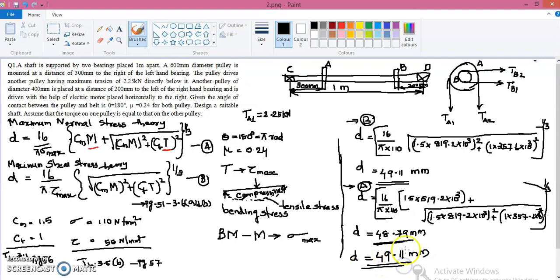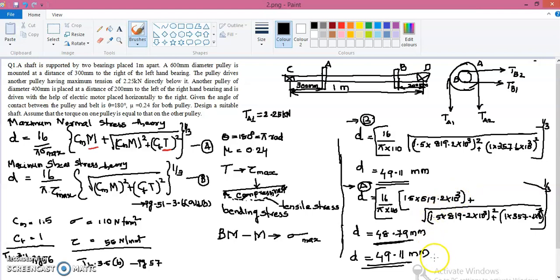Now if we have a shaft with this dimension, the given condition will be satisfied. That means it can transmit this torque of the given value, that is 357.6, and also it can withstand this bending moment, that is 819.2 into 10 raised to 3.